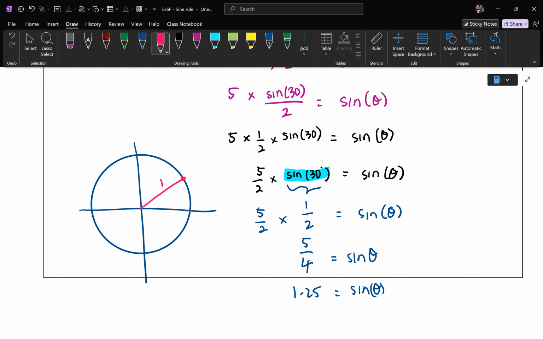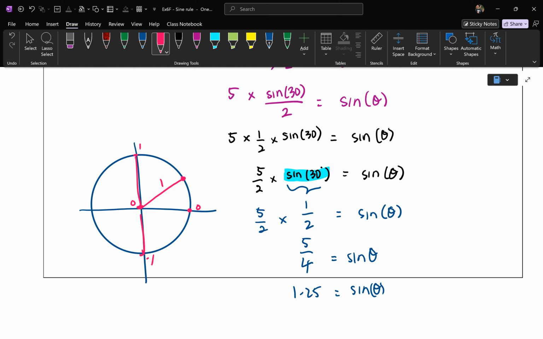So a sine value can only go from negative 1 all the way to 1. It can only rotate from 0 to a maximum height of 1, back to 0, to a minimum of negative 1. So you can never have a ratio more than 1. That's why when you see a sine of any angle equal to 1.25, it's impossible. If you did sine inverse of 1.25, it'll come up as undefined.